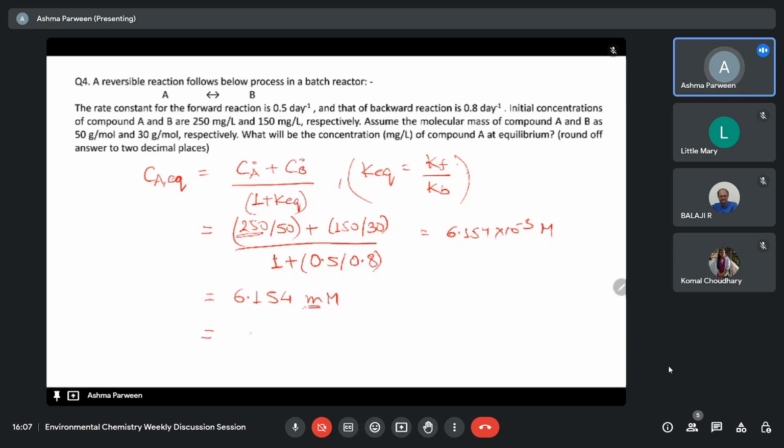We have to write the final answer in milligrams per liter, so again we will multiply 6.154 by the molecular weight of A, which is 50. So the final concentration will be 307.692 milligrams per liter.